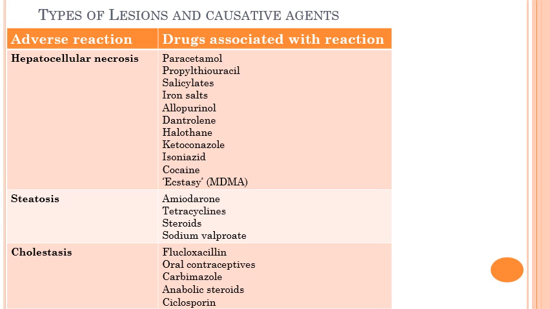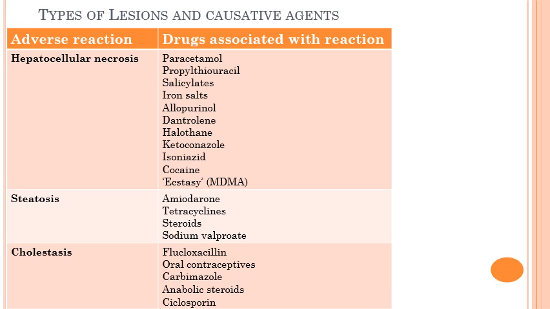These include paracetamol, propylthiouracil, salicylates, iron salts, allopurinol, dantrolene, halothane, ketoconazole, isoniazid, cocaine, and ecstasy, that is in short known as MDMA. The second pathology is steatosis, that is the inflammation of the fatty tissues in the liver, and this may be caused by amiodarone, tetracyclines, steroids, and sodium valproate.